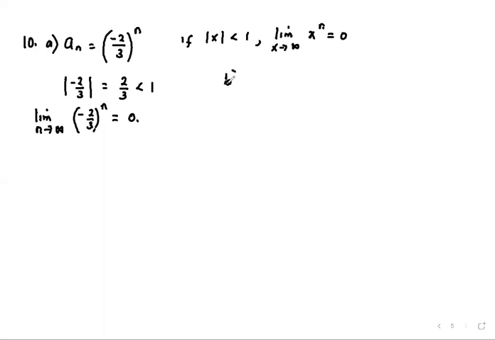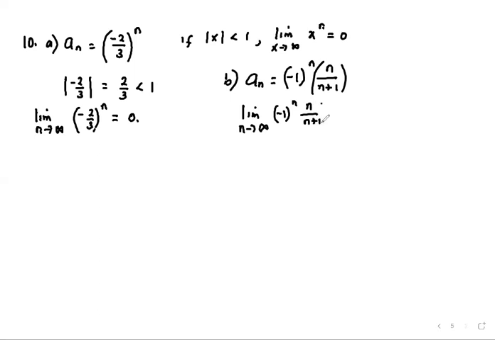And then the second one. These are sequences, so you must be a bit careful. We want the limit as n goes to infinity of (-1)^n times n/(n+1). Remember, if you have a product, you can split it and take the limit of each factor.